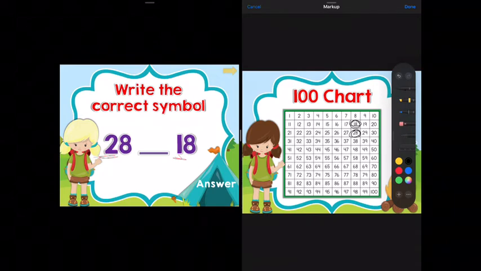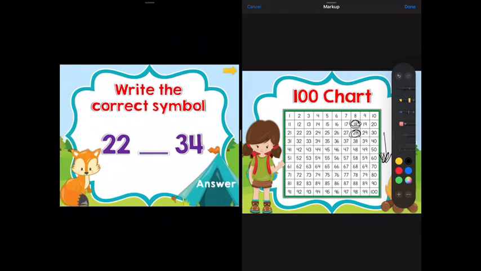Well, we know 2 has 1 more than 1. And at the chart, we can tell that 28 is below 18. And whatever is below a number is bigger. So 28 is greater than 18.